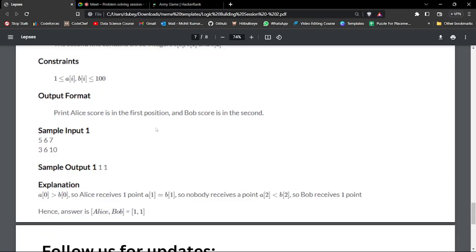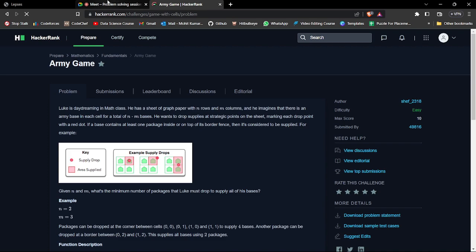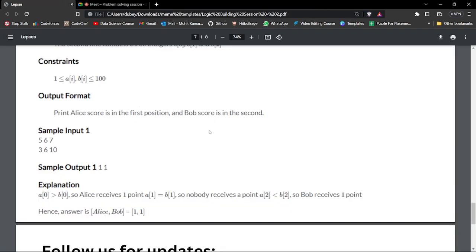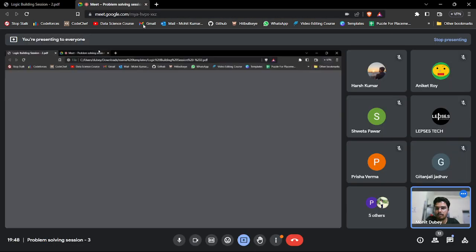Is it visible? The screen got stuck. Can anyone let me know if the screen is visible?